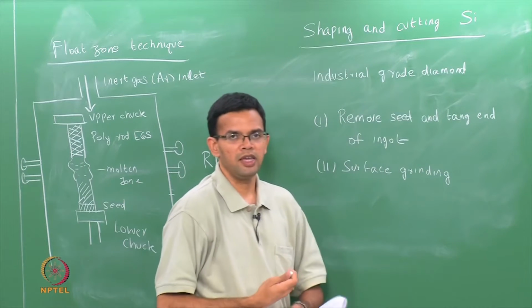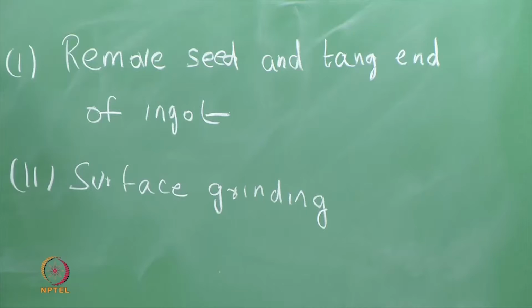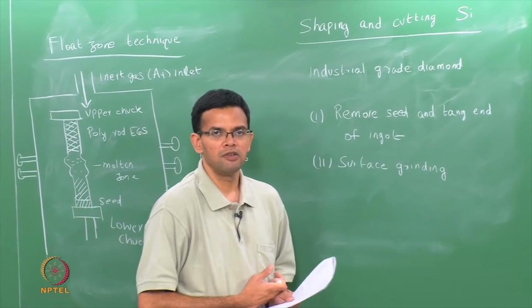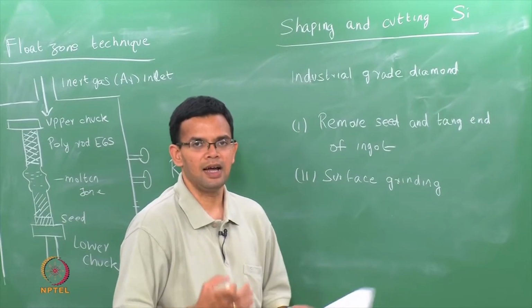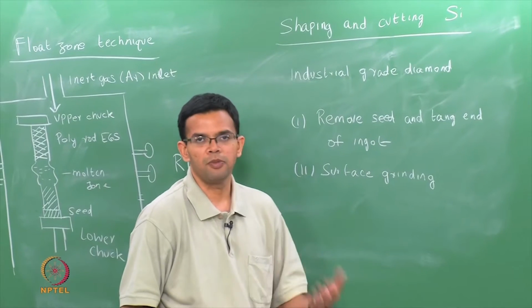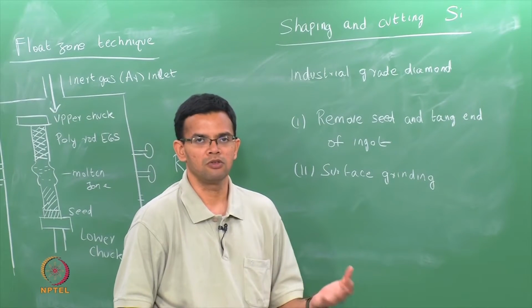The size of the ingot is determined by the diameter of the final wafers that we want. So, if we want 300 millimeter wafers, we will start with an ingot that is slightly larger than 300 millimeters, because during some of these operations you will lose some amount of your surface.